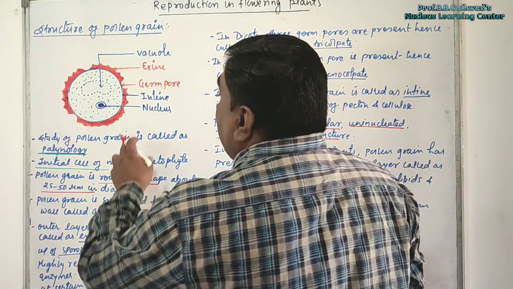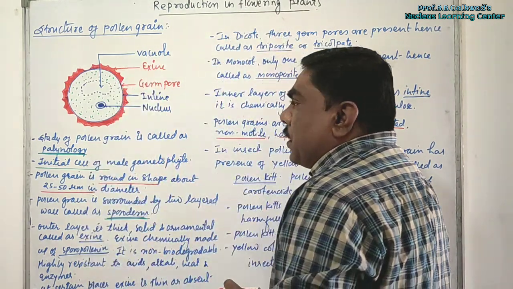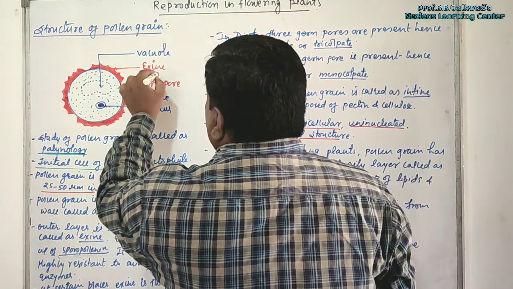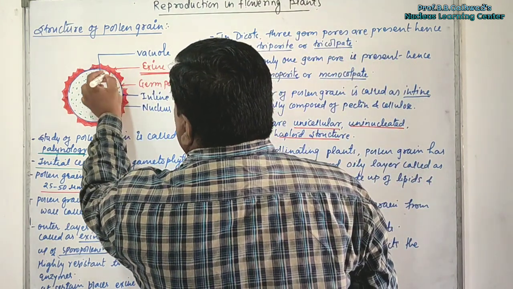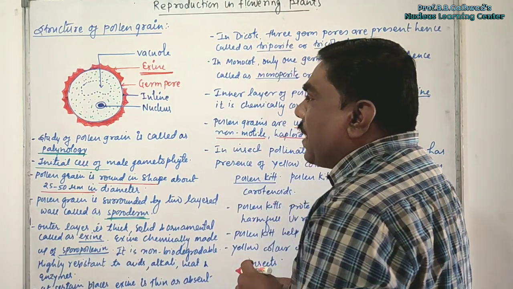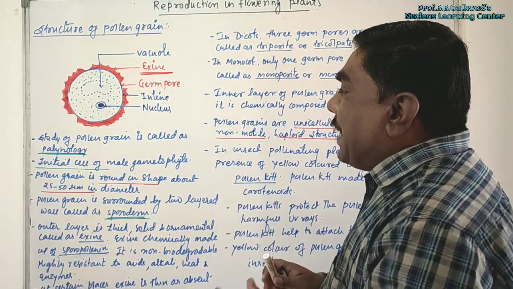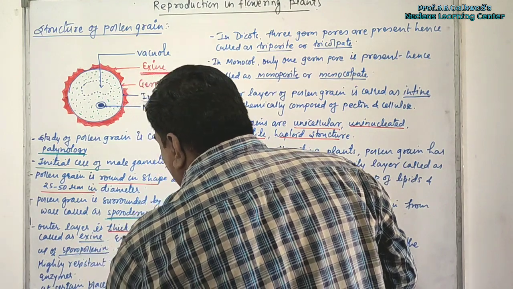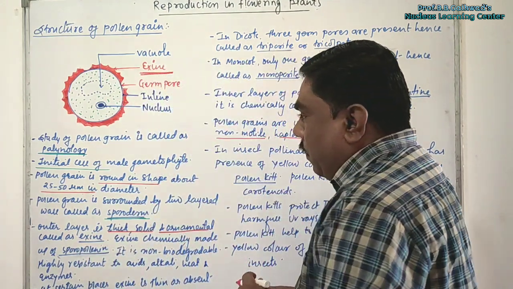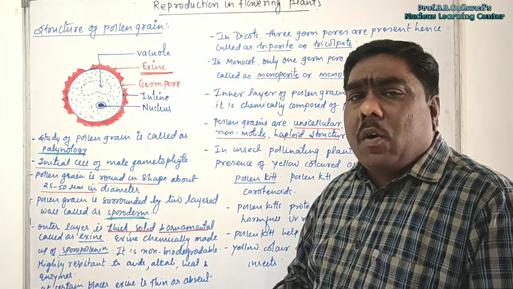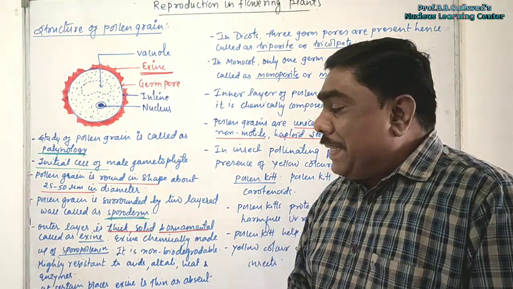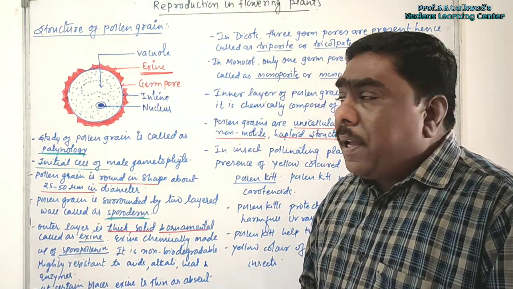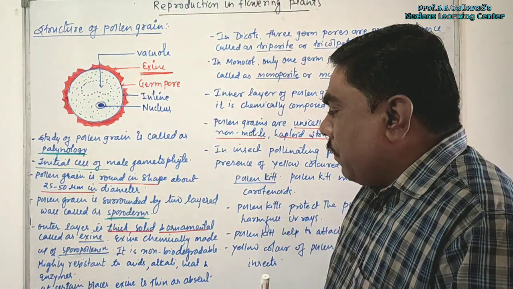Okay, next, out of these two layers, the outer layer is called the exine, and this exine in pollen grain is thick, solid and ornamental. So the outer layer of pollen grain is the exine, a highly thickened structure, solid and ornamental.